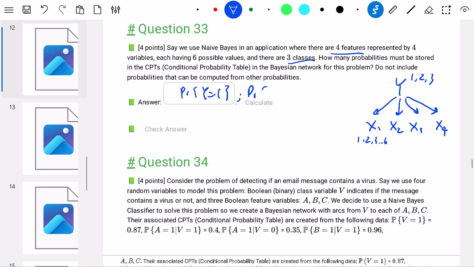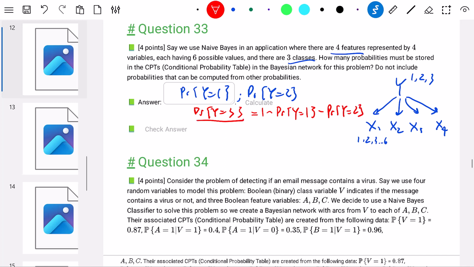We need the probability of Y being 2, and the thing we don't need is the probability of Y being 3, which can be computed as 1 minus the probability of Y being 1 and minus the probability of Y being 2. So we only need 2 so far.